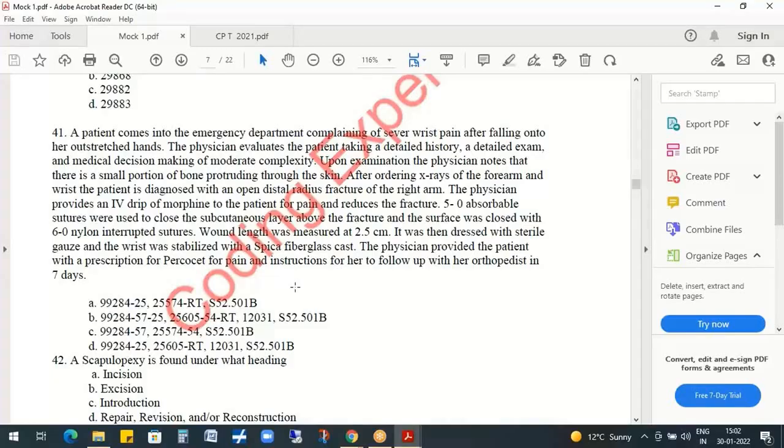Understood? As you said, what is the code description for 25605? What is the code description for 25605?